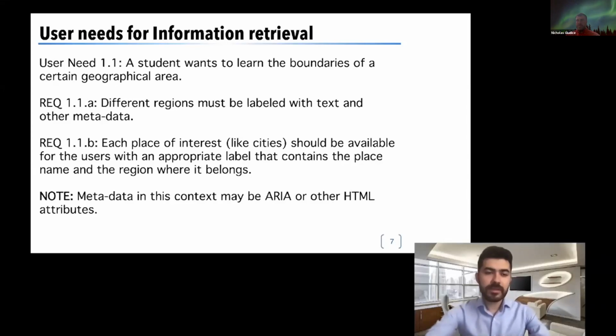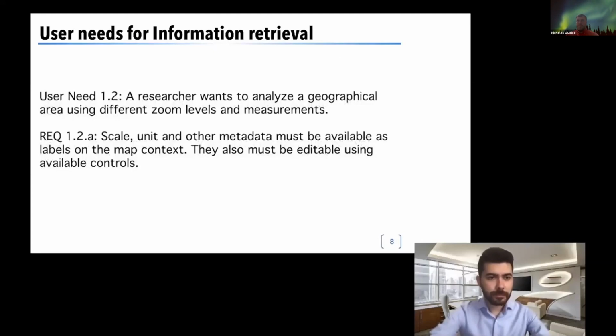In this user need and all others presented in this presentation, metadata may be area or other HTML attributes. So this is to give some kind of nomenclature for metadata.